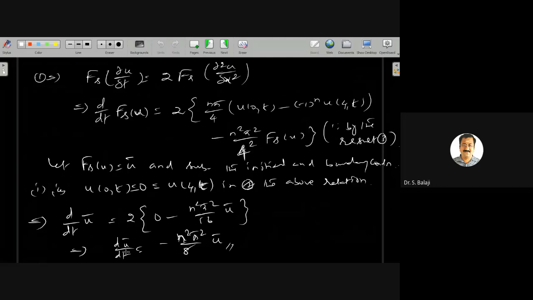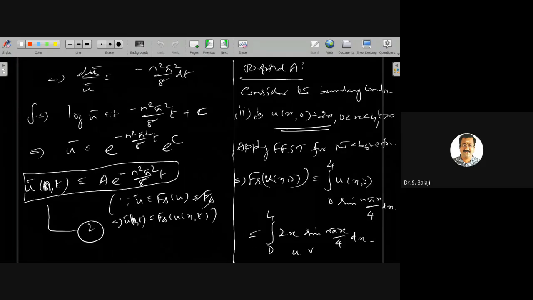This is a differential equation in ū. Take the variables separable idea: dū/ū = −n²π²/8 dt.